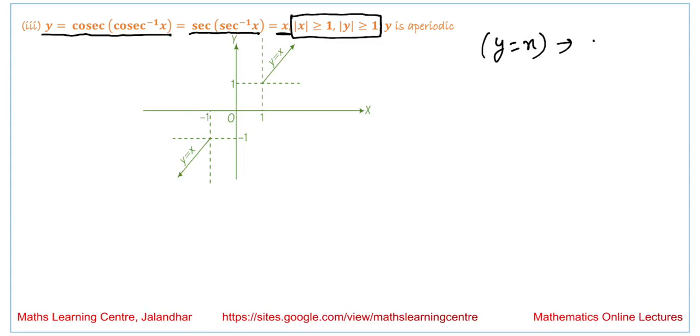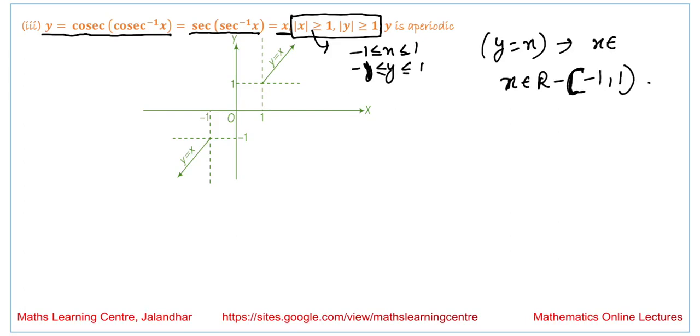The function is not defined for -1 less than or equal to x less than or equal to 1. The value of x belongs to R except for the open interval -1 to 1. So this is the graph of the function: for x greater than 1 it is defined, and for x less than -1 it is defined. From this graph it is clear that this function is not periodic.